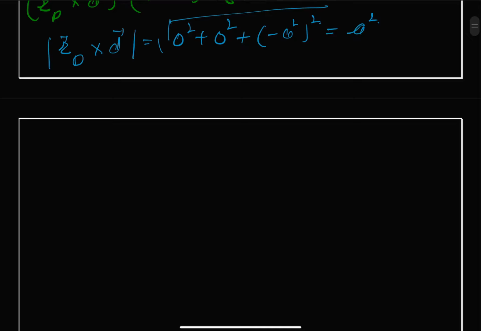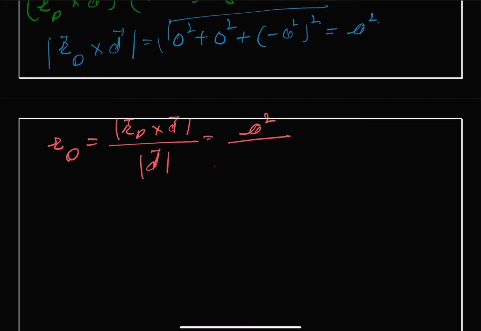Now we can find out the distance, that is our d. Distance will be equal to our cross product magnitude divided by our d magnitude. This comes as a square divided by square root of 2, and we are left with a by square root of 2.